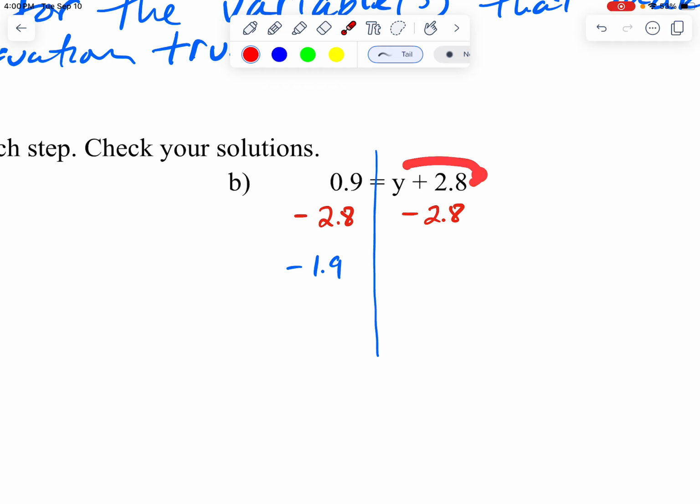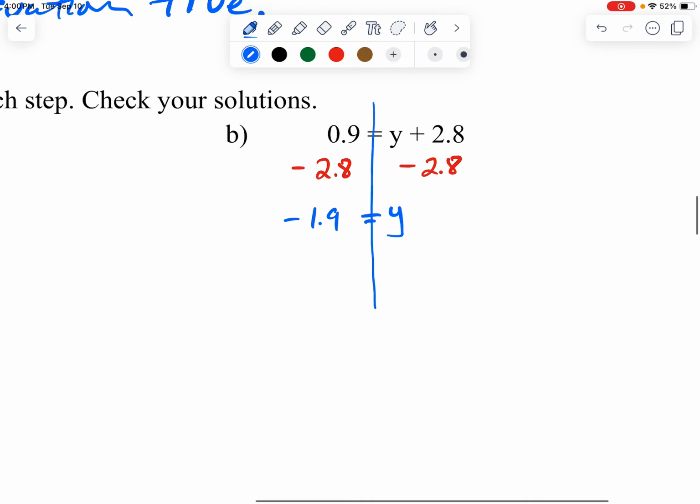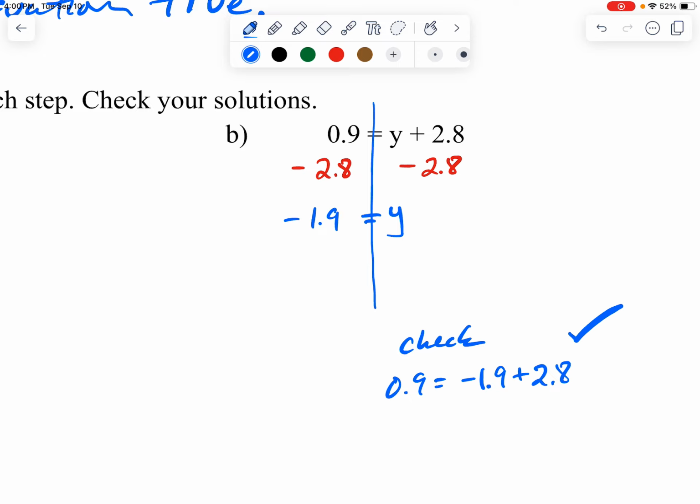I had y plus 2.8, so if I subtract 2.8, I'm left with just y. And again, we could check our work. If I wanted to check this, I could take 0.9 equals negative 1.9 plus 2.8, and this does check out.